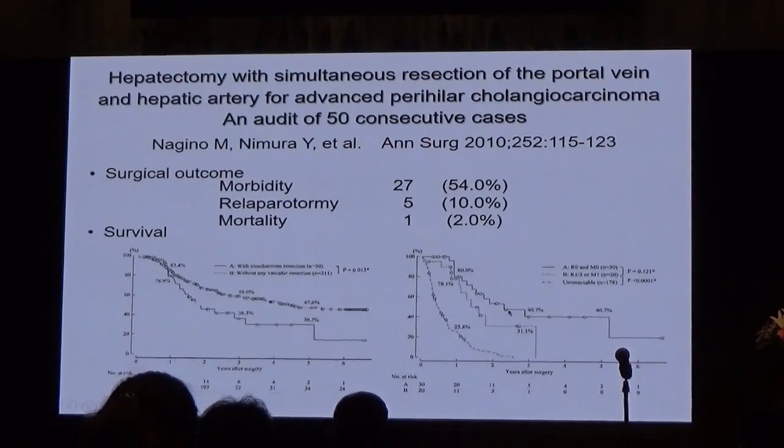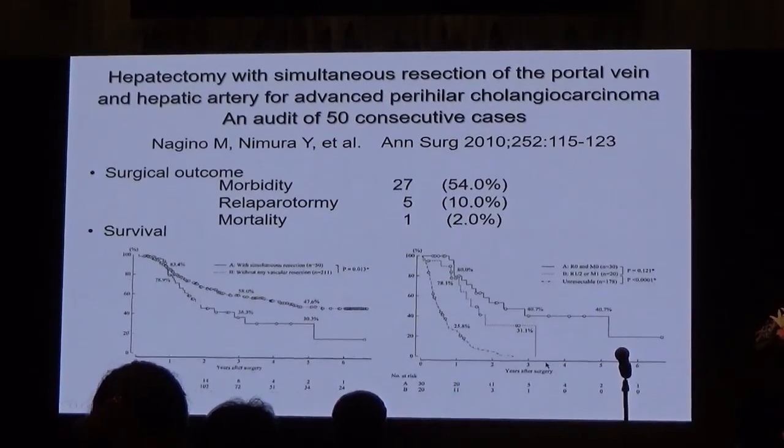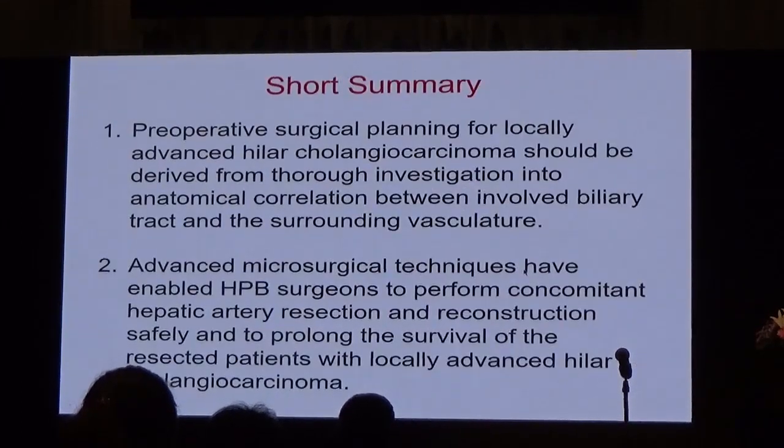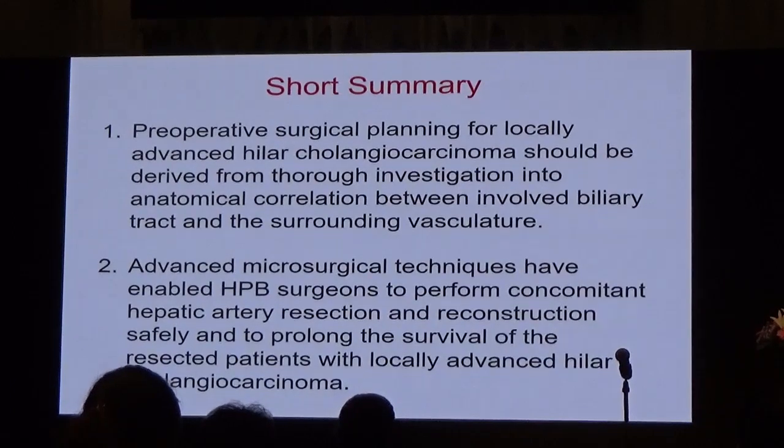Anyway, looking at these survival curves, combined simultaneous portal vein and hepatic arterial resection is better than we expected. This is a short summary of the last issue.